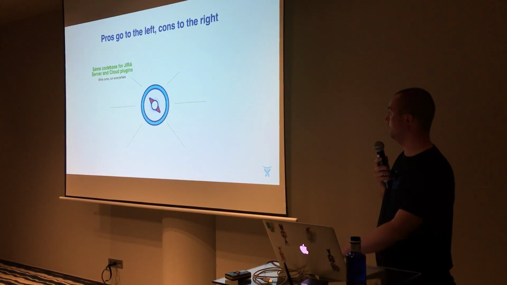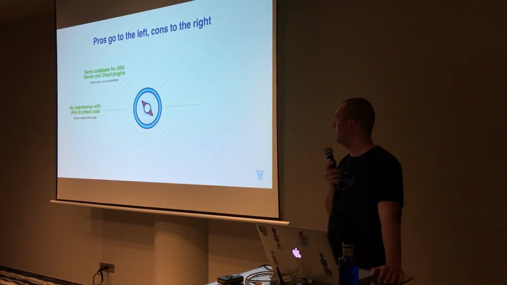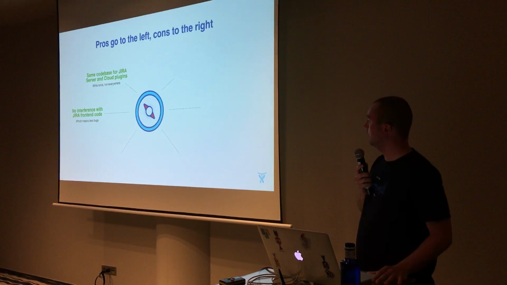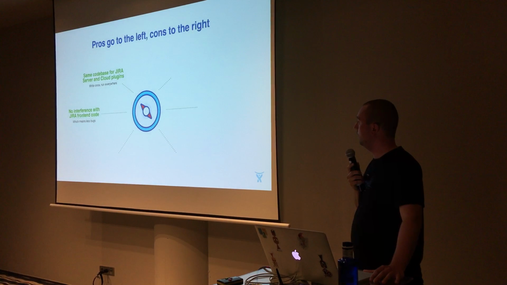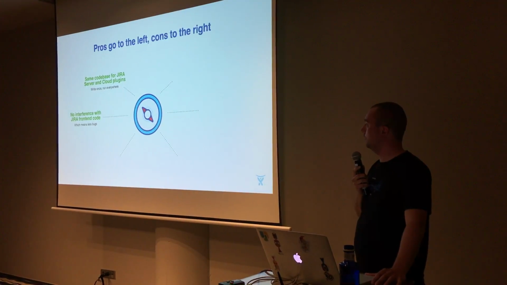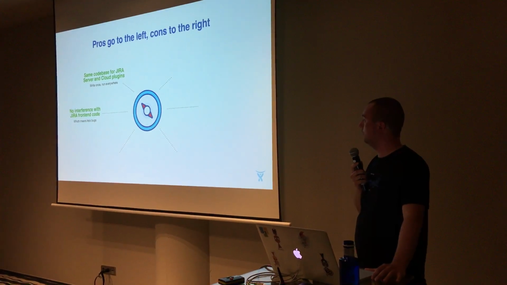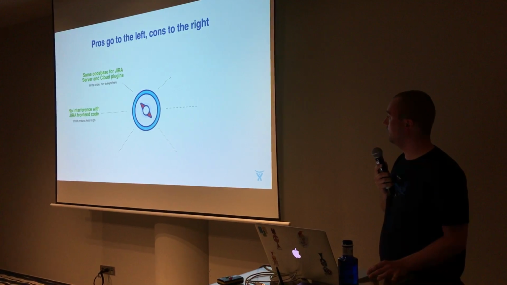We also have no interference with JIRA front-end code and with other plugins. This is very important because we used to have many bugs where, for example, our front-end code interfered with some JIRA code or with another plugin, and it created bugs that were hard to spot.